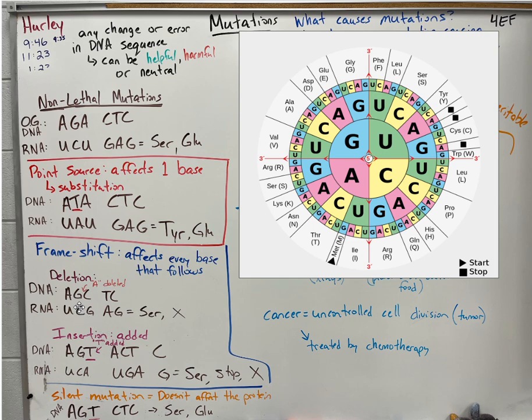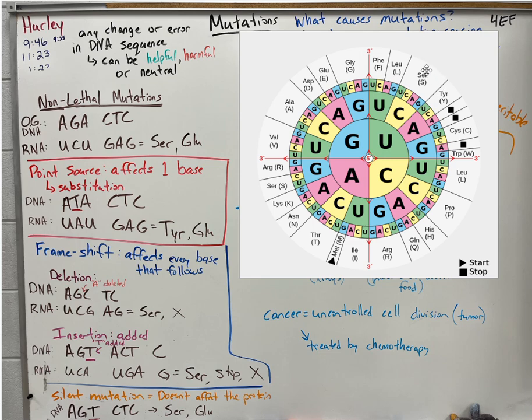I also want to point out that up here, AGA, UCU would be the RNA. UCU made SER, and UCG, this one happened to have all of them made SER.